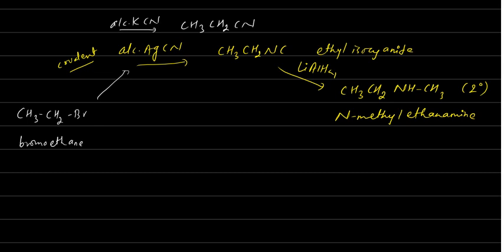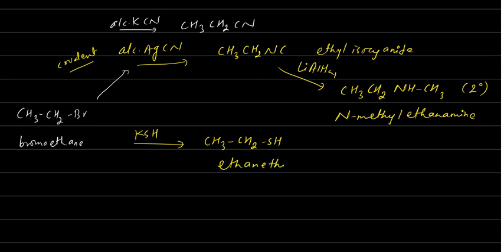Another reaction here: when haloalkanes react with potassium hydrogen sulfide, then the product formed is CH3CH2SH. This is ethanethiol.